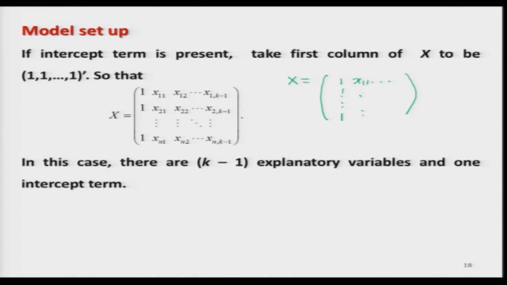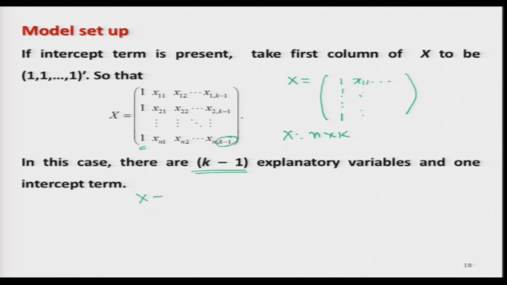But here you have to be a little careful about how you count the number of explanatory variables. If X is an n cross k matrix, then the number of columns is k. Since the first column is 1, the number of explanatory variables will be k minus 1, although the order of X remains n cross k.